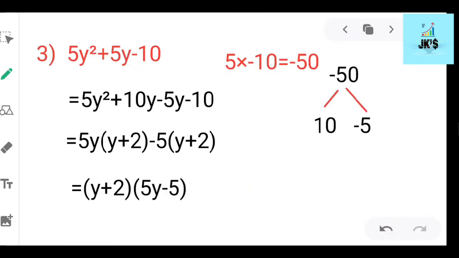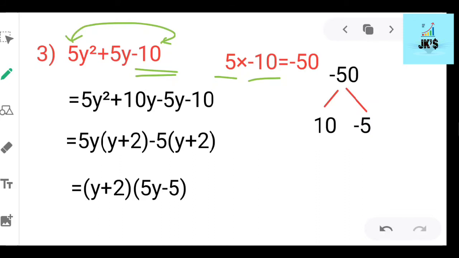Now come to the third example, that is 5y square plus 5y minus 10. So we take the product of the coefficient of the square term and this constant term, means 5 into minus 10.